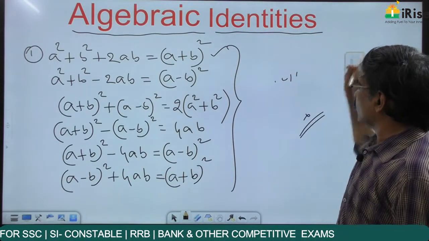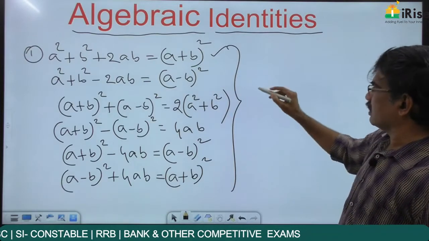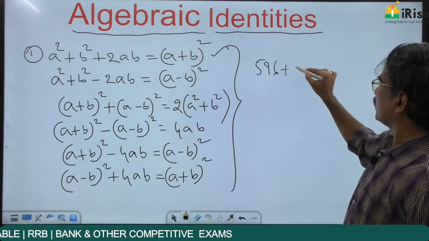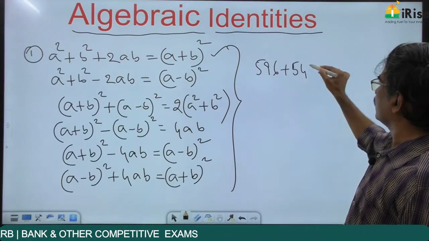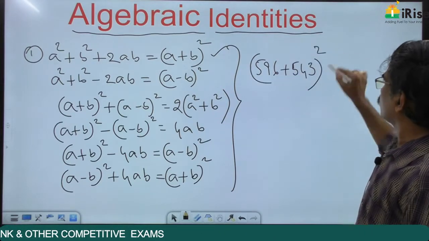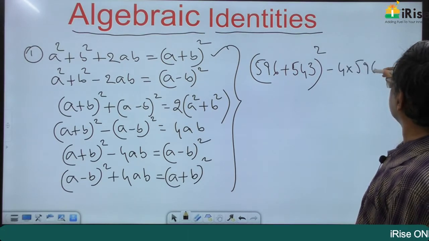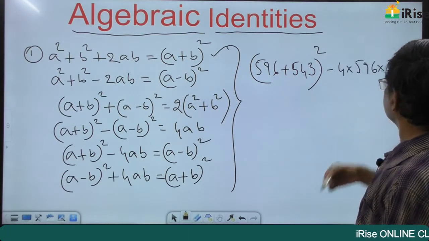See here, one more question. For example, a question is given like this: (596 plus 543) whole square minus 4 into 596 into 543.